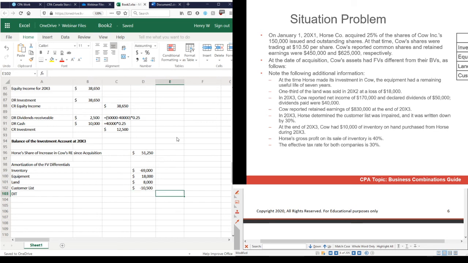And then the deferred income tax, we're taking the 69, half of the land, and the customer list. So sum that.